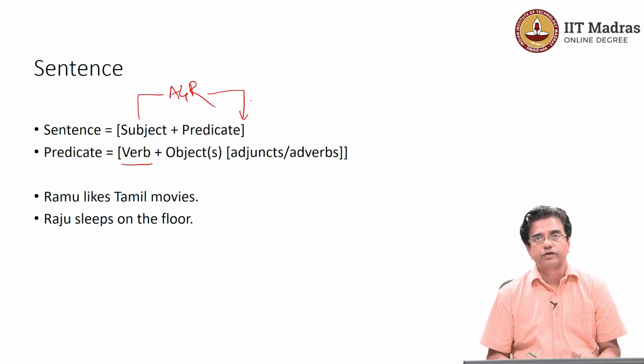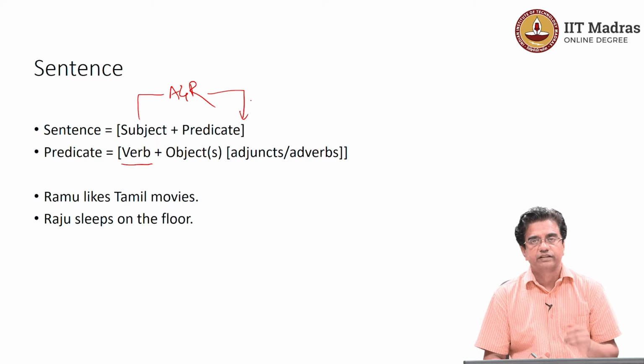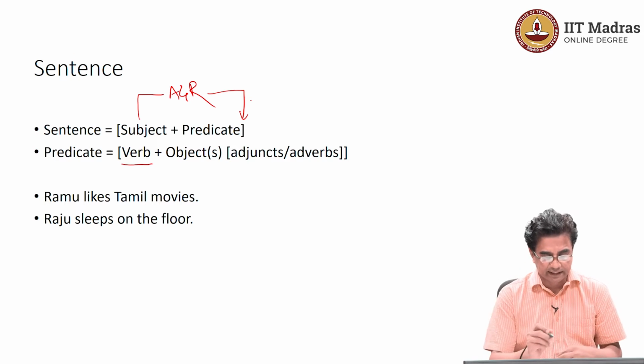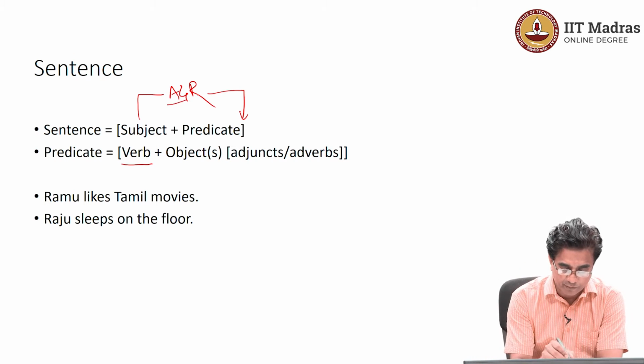The two parts of a sentence, that is subject and predicate, are connected with each other with certain visible and invisible functional elements like agreement, more specifically person, number and gender.